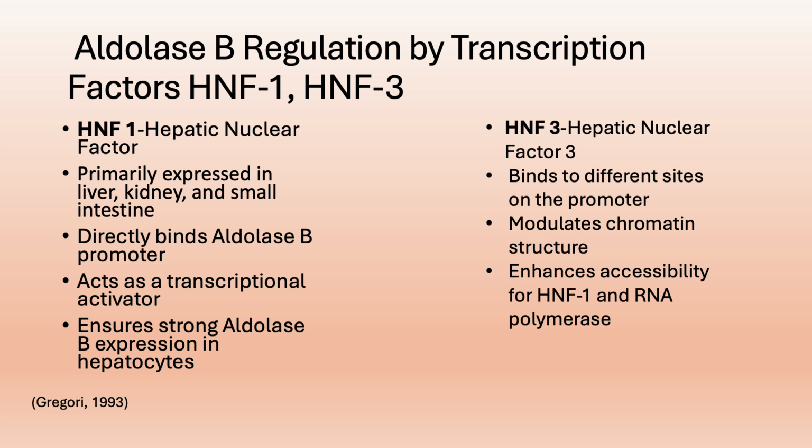Mutations in these genes or in aldolase B can disrupt our metabolism and lead to diseases like hereditary fructose intolerance or diabetes. So understanding the regulation is really important in therapies such as treatment of diabetes or other metabolic disorders.